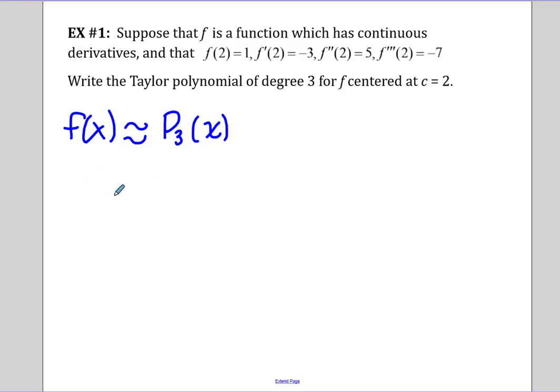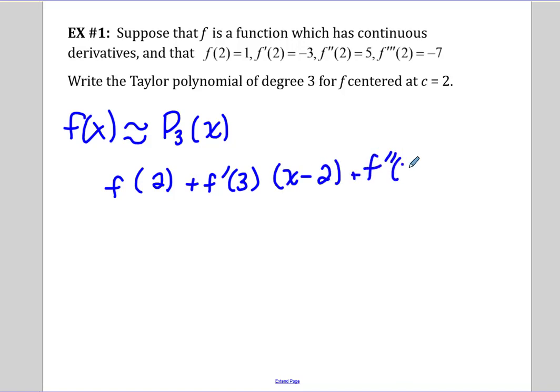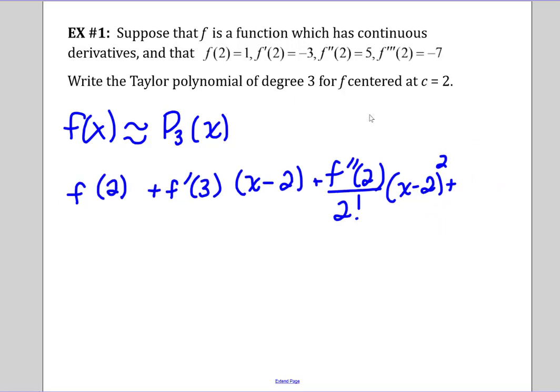So we want to do the f of c, that's the f of 2, and then we want to do the f prime of 2 times x minus 2, and the f double prime of 2 over 2 factorial times x minus 2 squared, plus the f triple prime of 2 over 3 factorial times x minus 2 cubed.